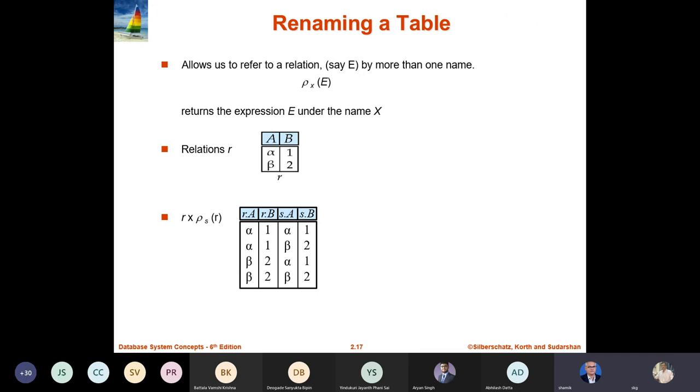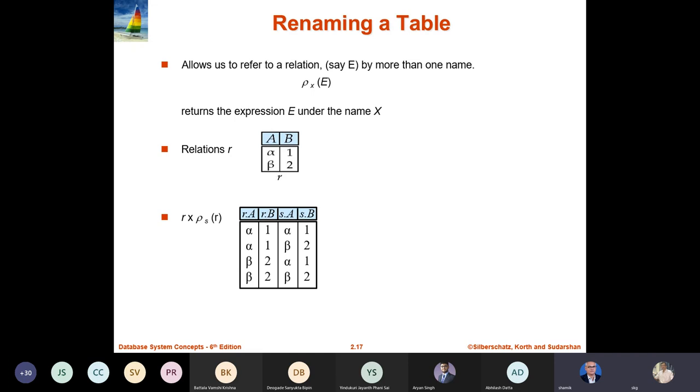There is a construct for renaming a table, rho X of E, which allows us to refer to a relation by more than one name. E under the name X, right?